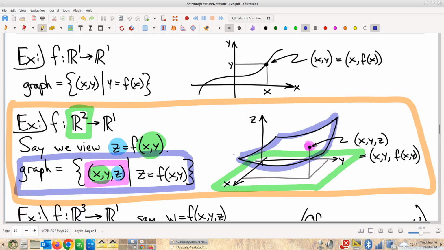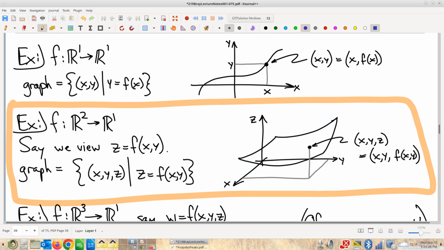All right, so again, 2 different ways to think about it. You can instead think about this as, well, look, the function just gives you the instruction of how far I should push upward. Plug into the function, that tells you how far you should push upward from the xy plane.